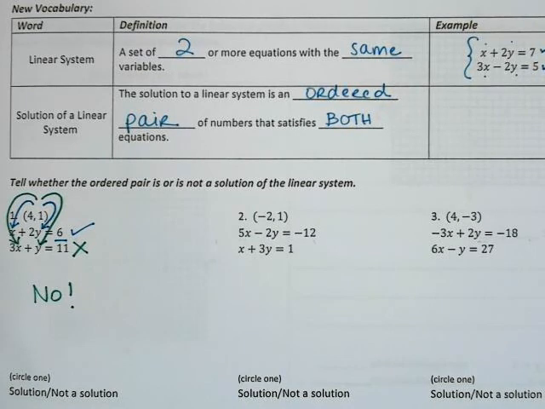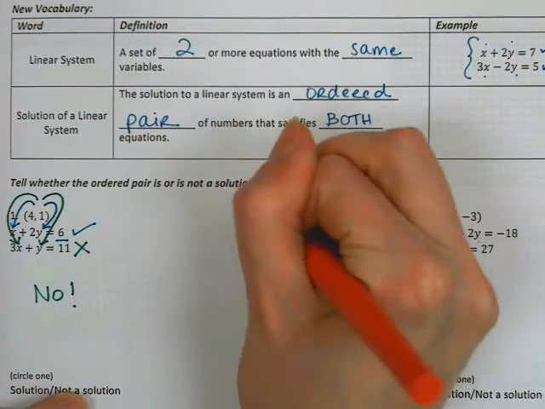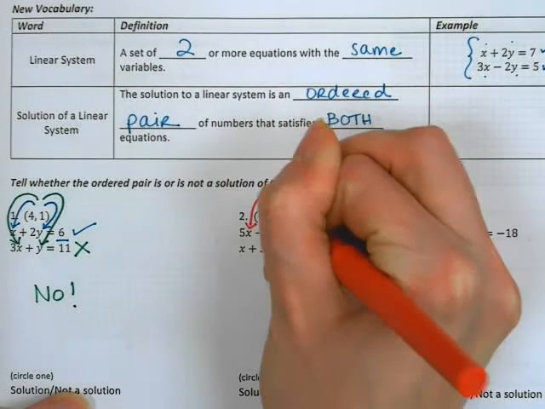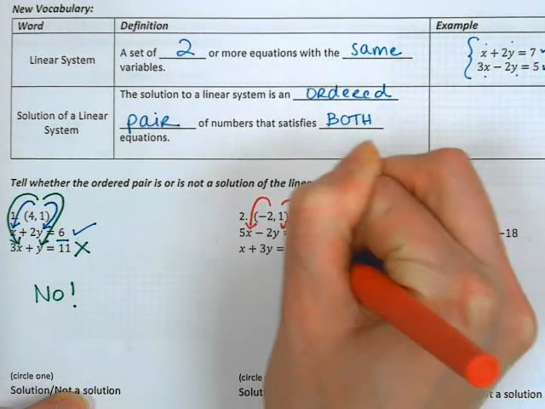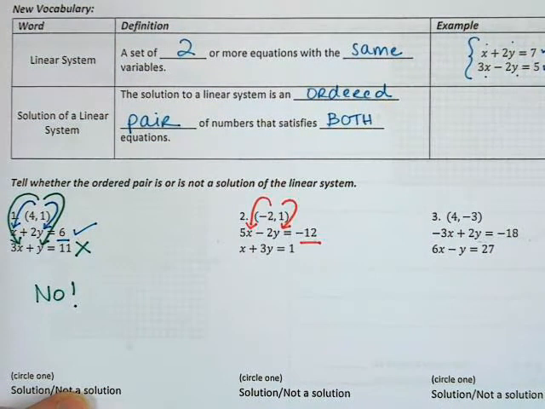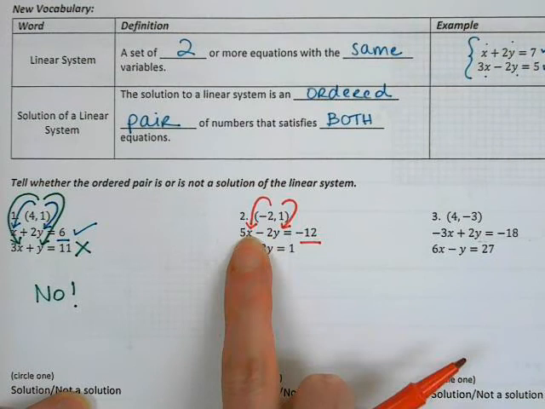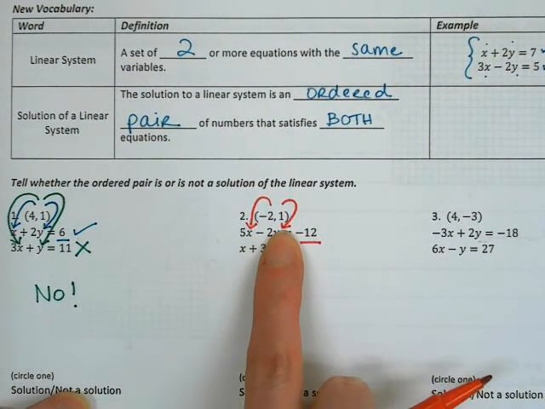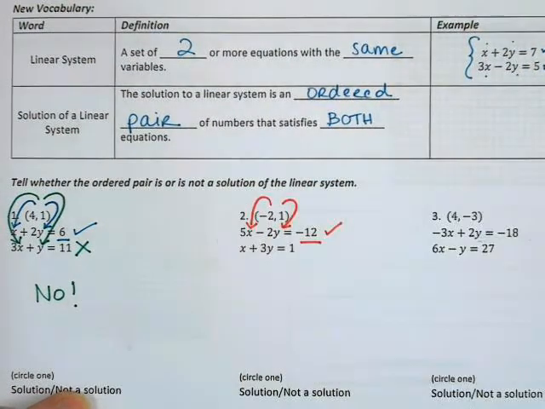And then let's try to find, hopefully one of these is a yes. Let's do number 2. If you plug in negative 2 for x and positive 1 for y, do we get negative 12? So this is negative 10 minus 2 is negative 12.